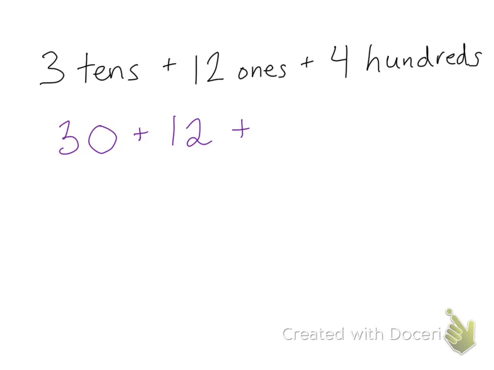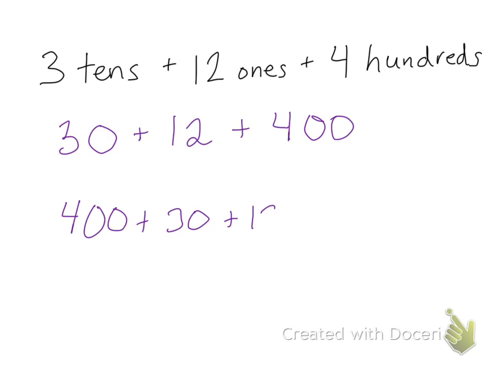Well, 4 hundreds equals 400. So here I have 30 plus 12 plus 400. So let's put these in the correct order to help us. So 400 plus 30 plus 12. So 400 plus 30 is 430, plus 12 is 442.